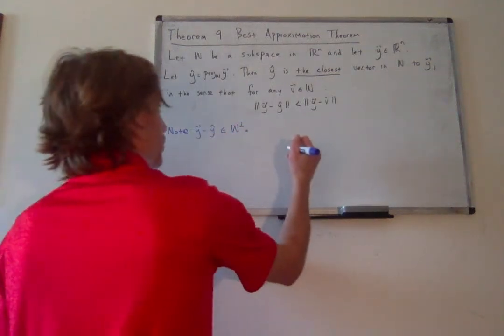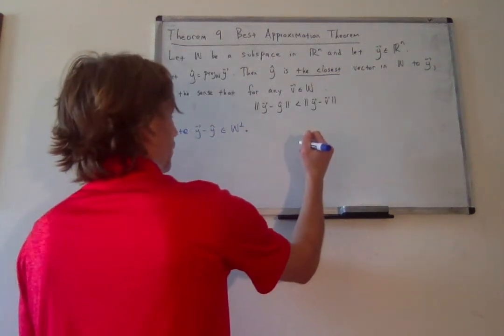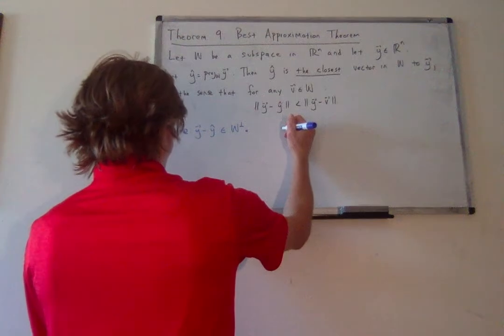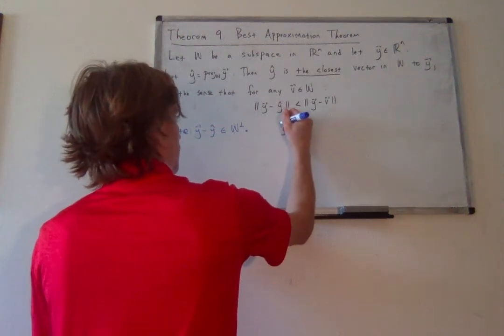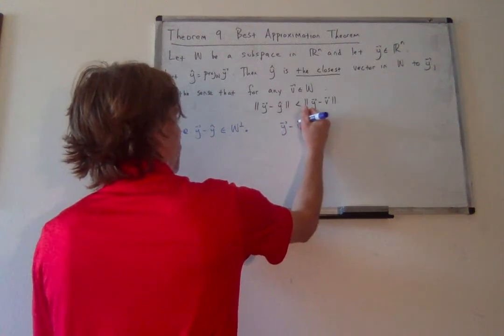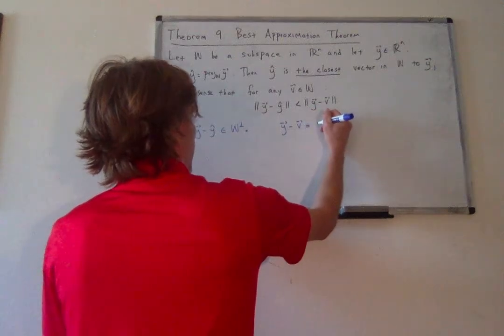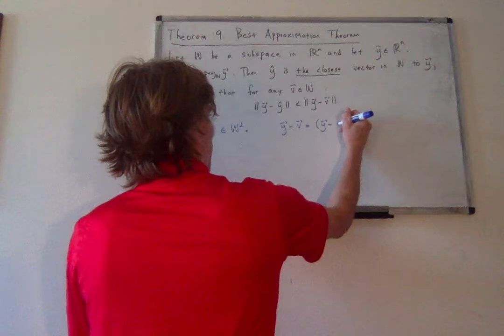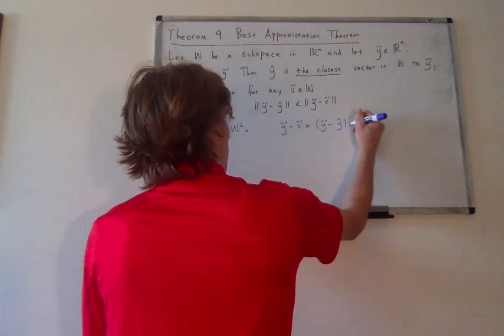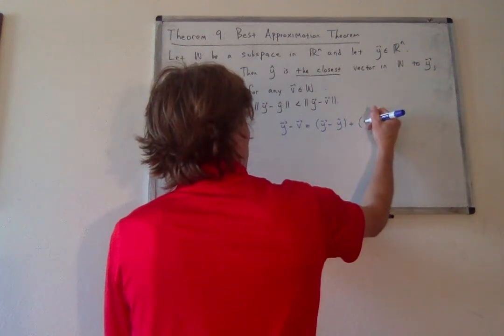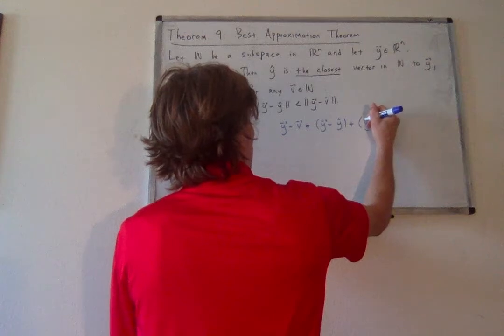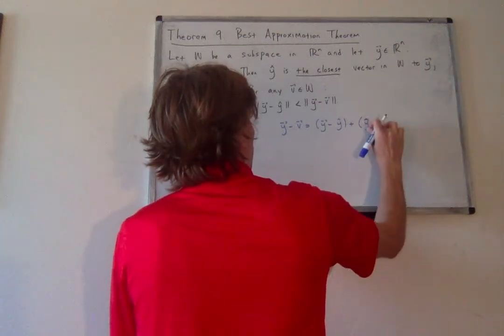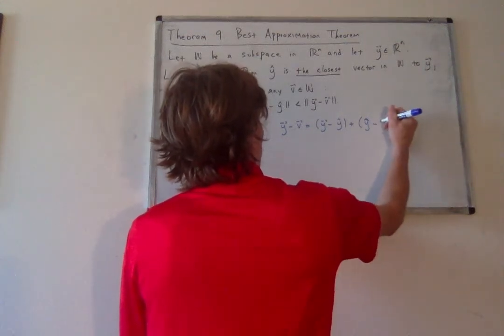So we're going to do this trick in math that mathematicians love to do. We're going to express the value of y minus v as the difference of y minus y hat and the sum of y hat minus v.